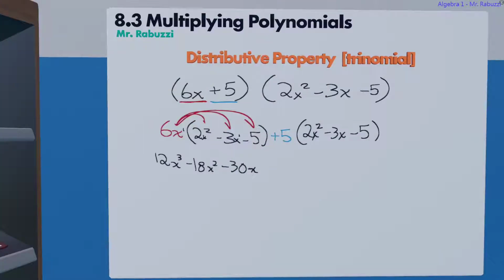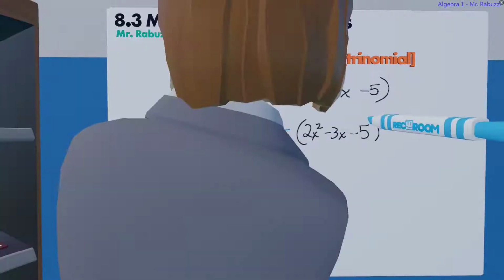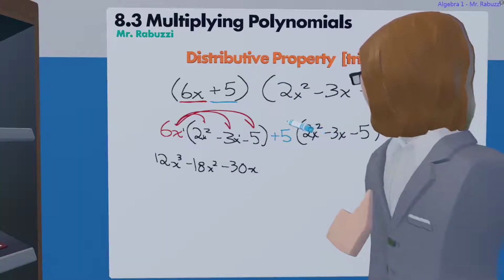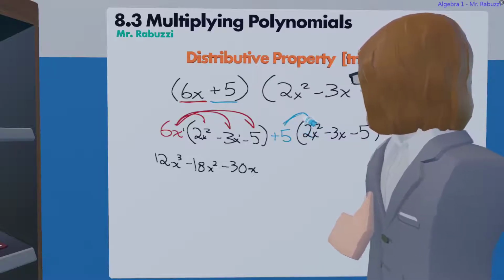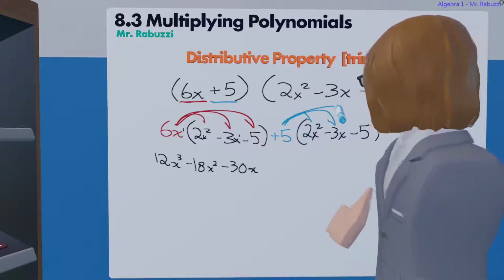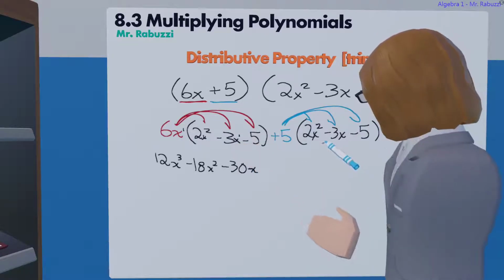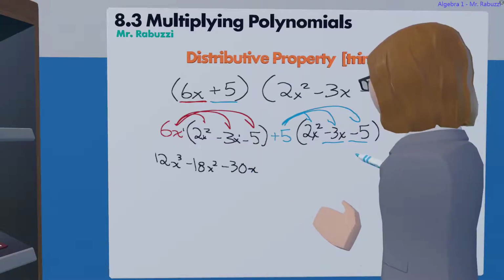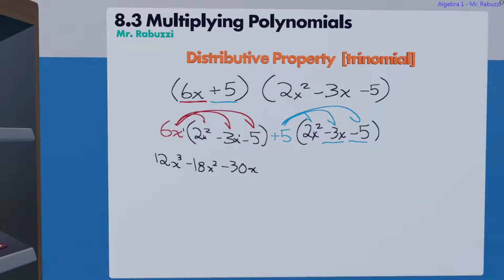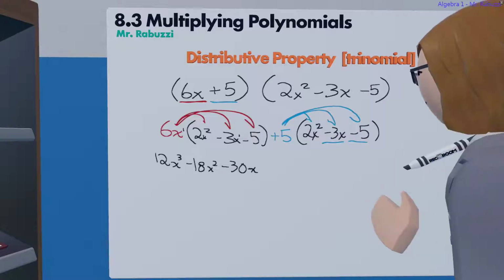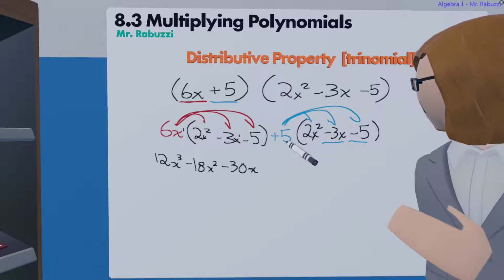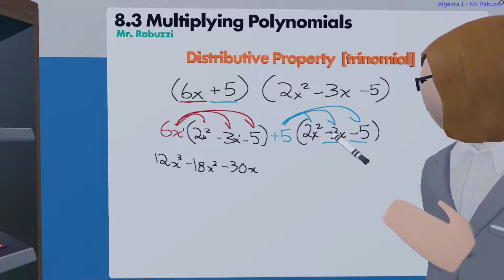Okay. Now we're going to do the blue distribution. Multiply, multiply, multiply. And remember, when we multiply like this, like we did over here, the negative is included in those terms. So we did it without thinking in the other one, but we'll remember it this time. Okay, 5 times 2x squared.